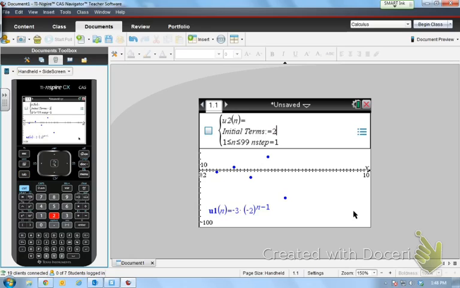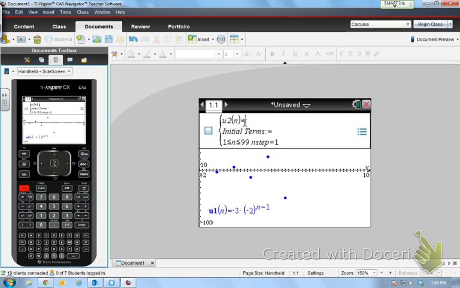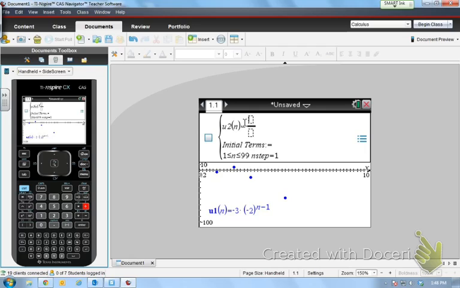So I'm going to hit Control Divide first, so we get the 2 levels. We had 2n. And again, we must use n, not x, because we're working with a sequence. Minus 1 over n.